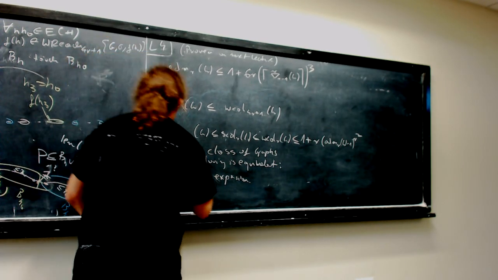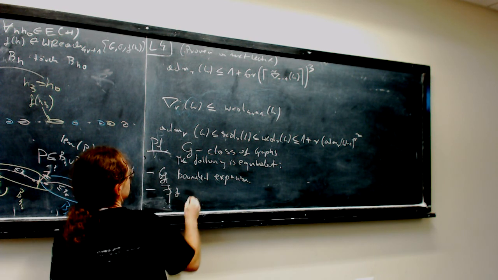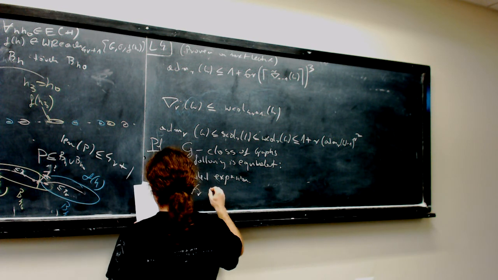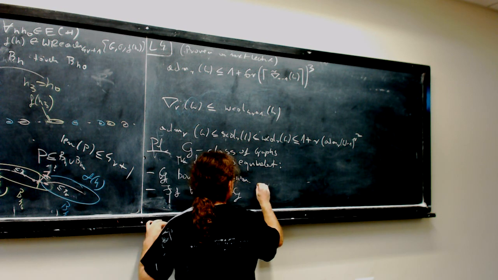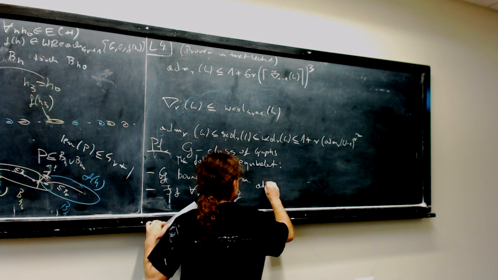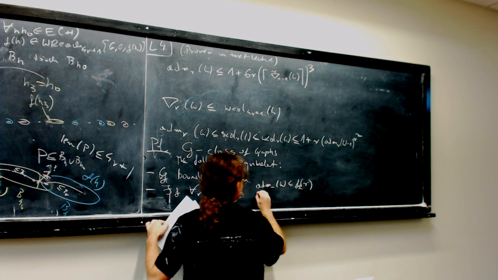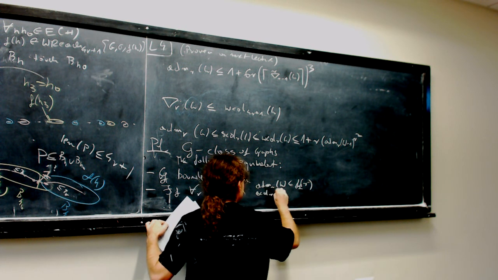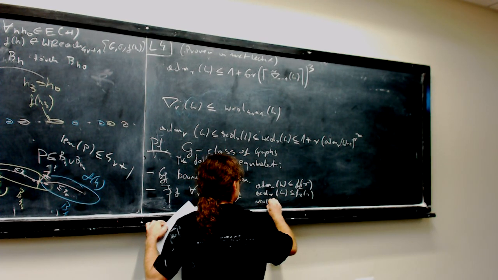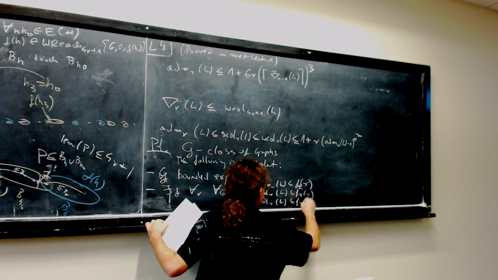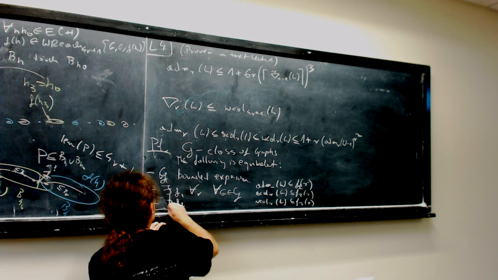There exists a function f such that for every r and every G in this graph class, the admissibility r of G is at most f1 of r. The strong coloring number of G is at most f2 of r, and the weak coloring number r of G is at most f3 of r.